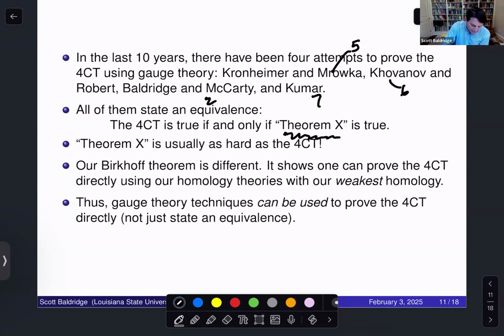But what I'm trying to say here is that our Birkhoff theorem is really a different beast. In other words, it shows that you can prove the 4-color theorem directly from our homology theories, and it uses our weakest one. So you have to imagine that there's a spectral sequence in which the E1 page looks kind of like a Khovanov homology, and then the E-infinity page looks like a Lie homology.